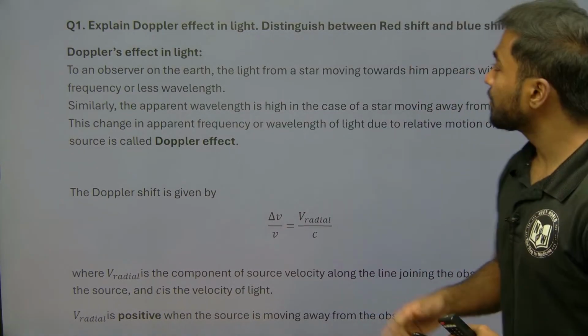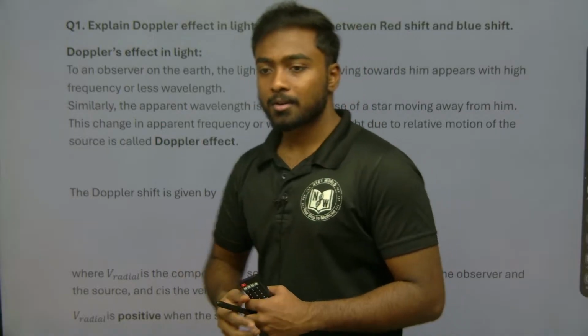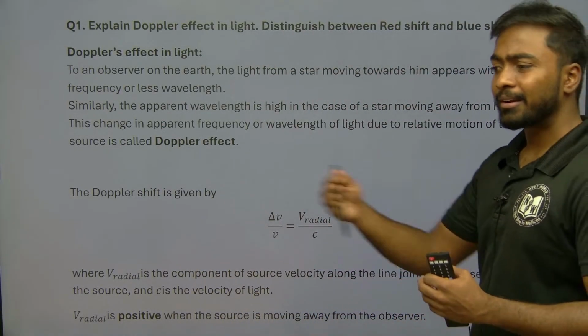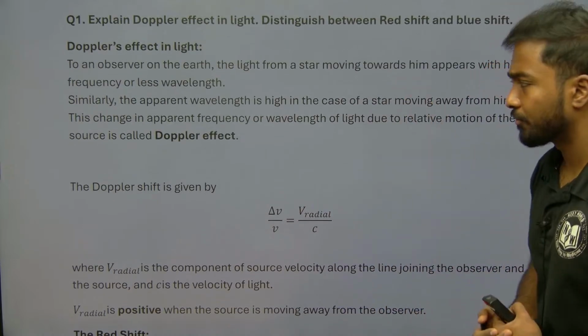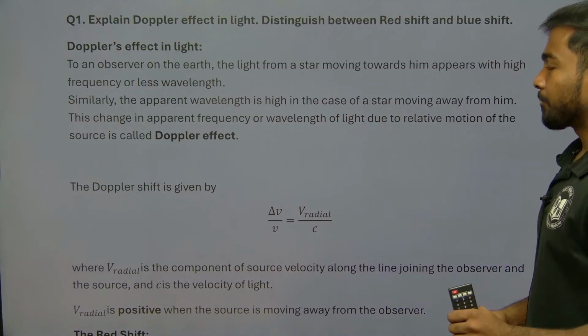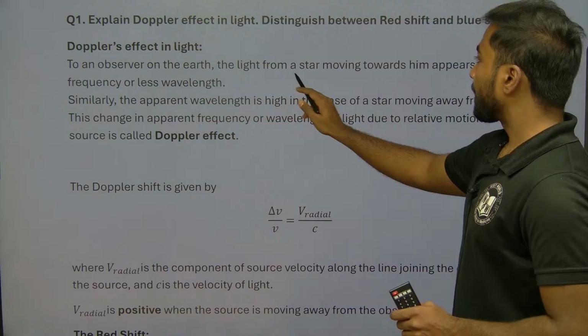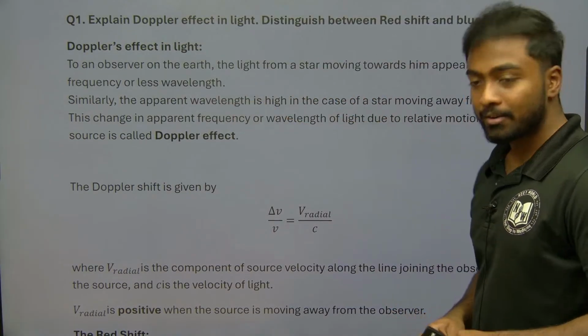Red shift and blue shift, somewhere we have heard these, like VIBGYOR, red color, blue color. Let's discuss the Doppler effect first. To an observer on the earth, the light from a star moving towards him appears with high frequency or less wavelength.